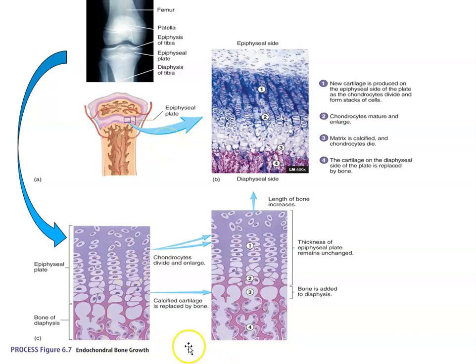It's a bit clearer to see here. We have just plain old hyaline cartilage here. And then the chondrocytes divide, get bigger, see them stack up. Calcification occurs, cartilage is removed, and osteoblasts lay down bone tissue.